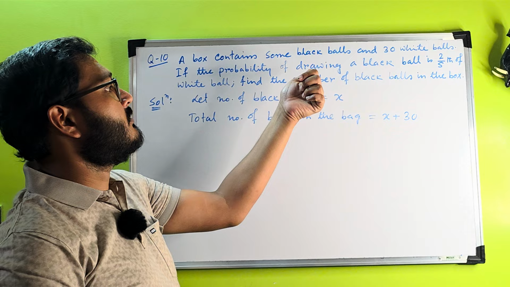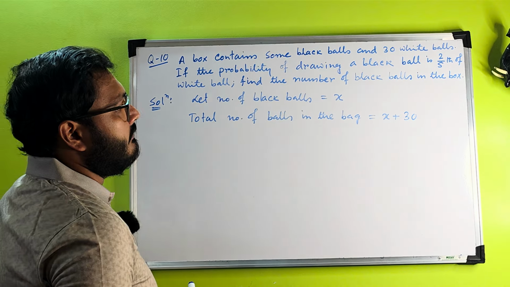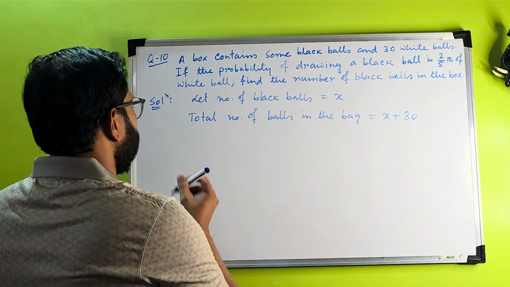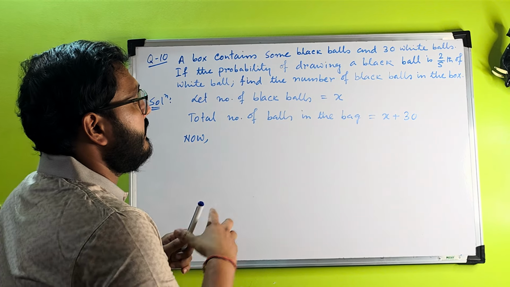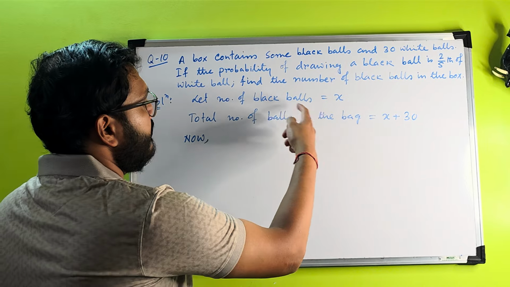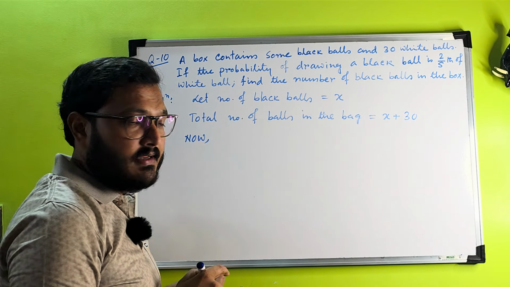If the probability of drawing a black ball is 2/5 of the white ball, find the number of black balls. So now, what is the probability of drawing a black ball? How many black balls are there? X. Total number of balls, X plus 30.